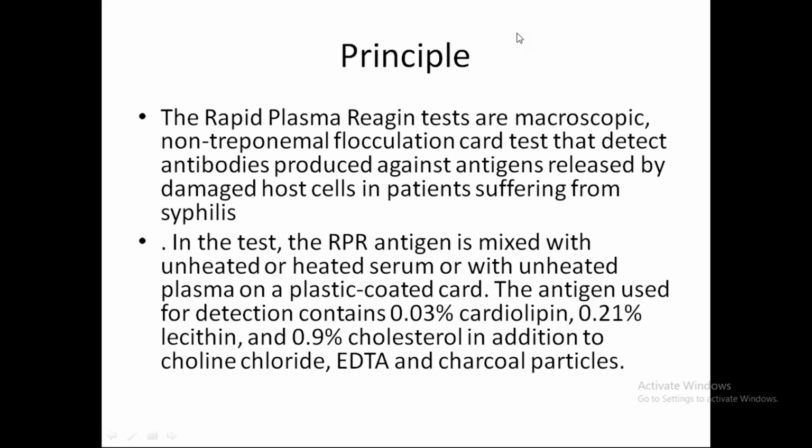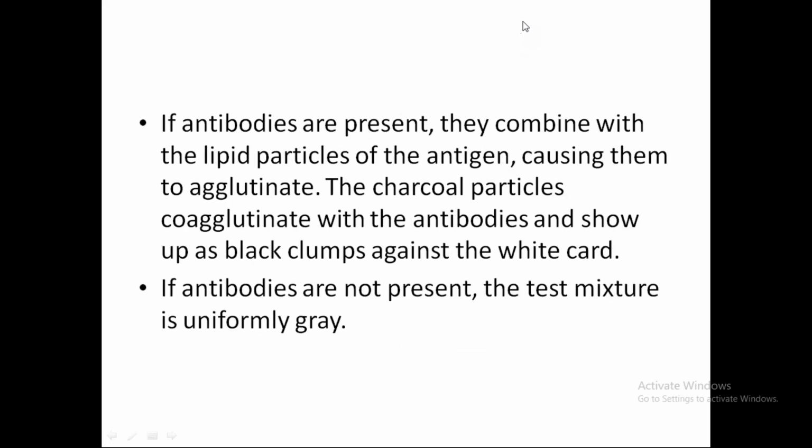In the test, the RPR antigen is mixed with unheated or heated serum, and the antigen for detection contains cardiolipin, lecithin and cholesterol, in addition to choline chloride, EDTA, and charcoal particles.